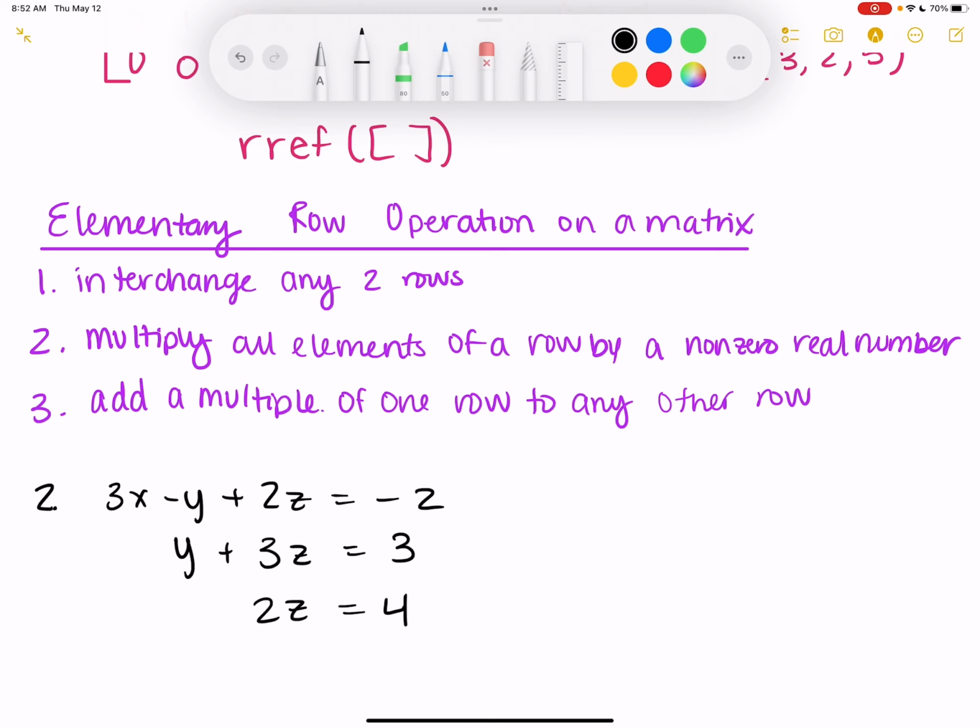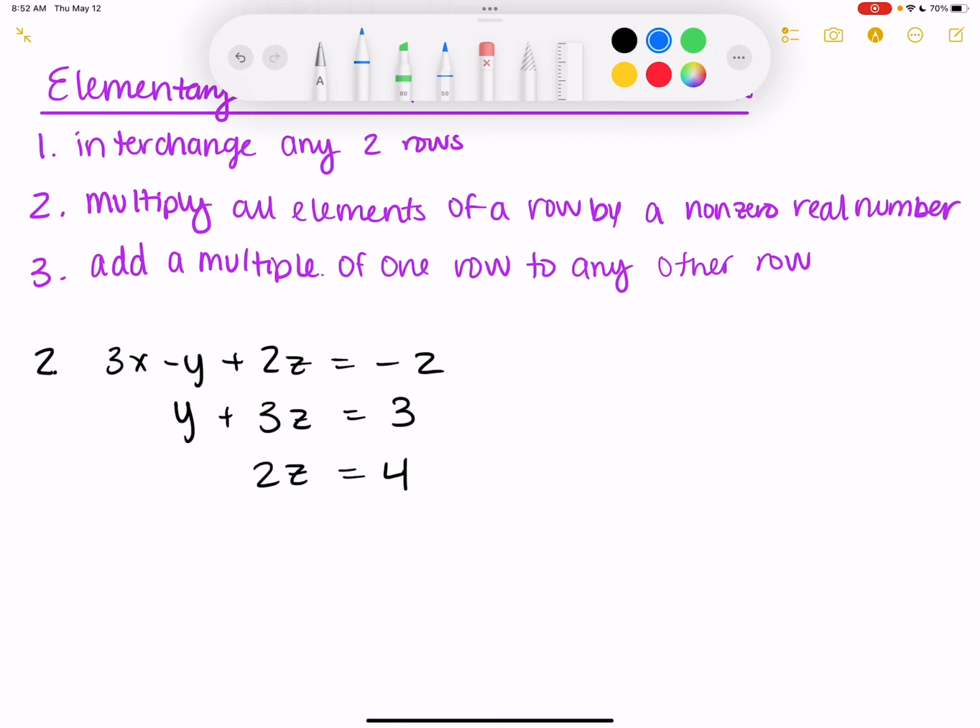So we're going to use the RREF, but we first need to draw our matrix. We have a few missing pieces along the way. For the first one, it's going to be 3, negative 1, 2, negative 2, and then I'm missing x in the second one, so 0, then 1, then 3, 3, and then I'm missing x and y, so 0, 0, 2, and 4.